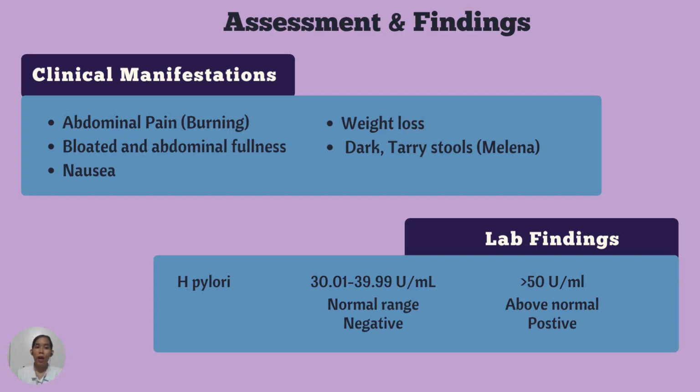However, if after diagnostic findings it has been observed that there is an increased level of pylori that is above the normal range, then the person is positive for having a peptic ulcer.